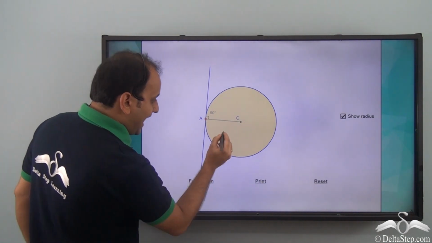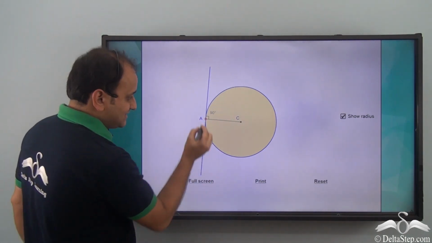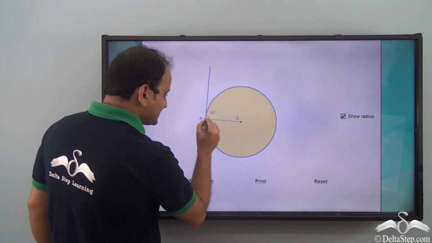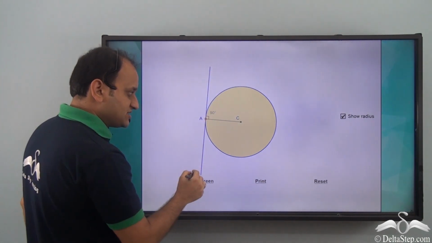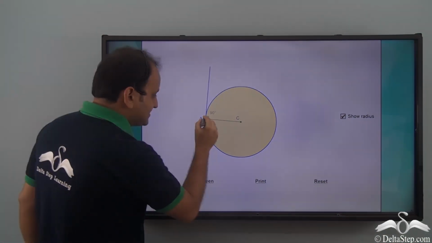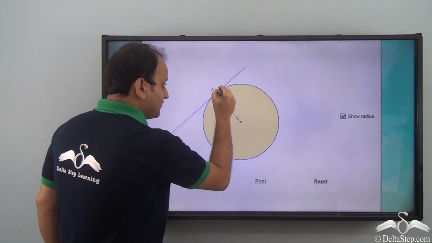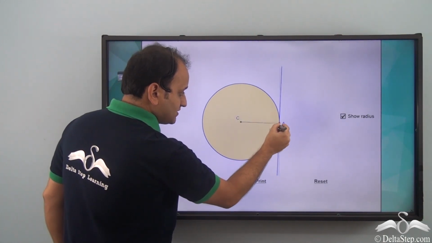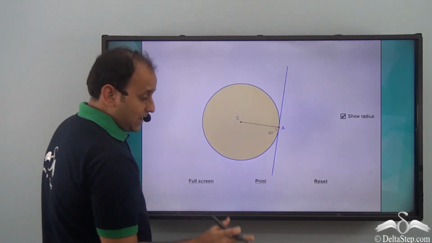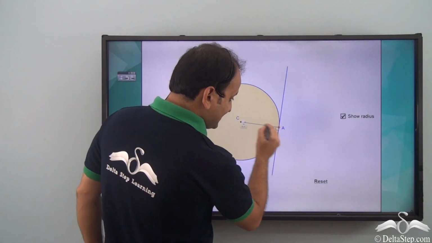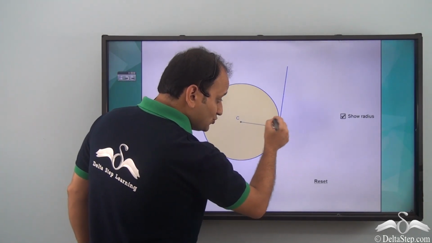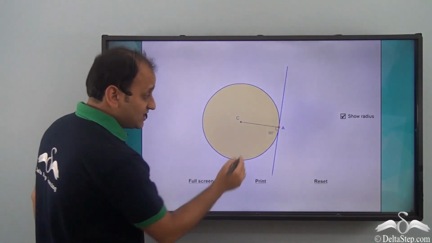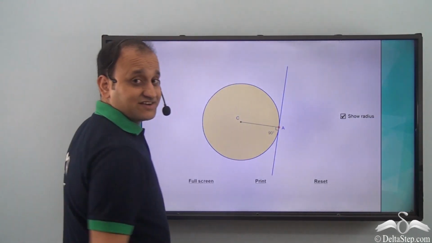Well, the angle between the radius that passes through the point of contact and the tangent itself is always 90 degrees. So, wherever I place this tangent, the angle between the radius that passes through the point of contact of the tangent and the tangent itself is always 90 degrees.